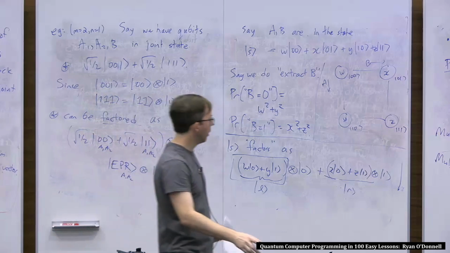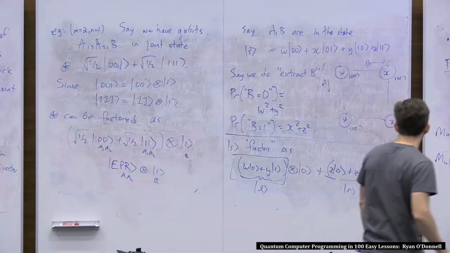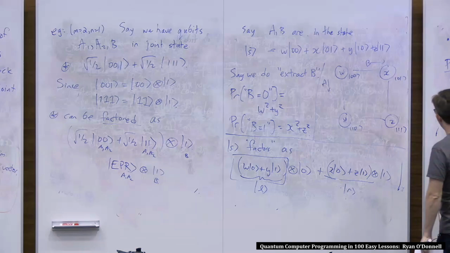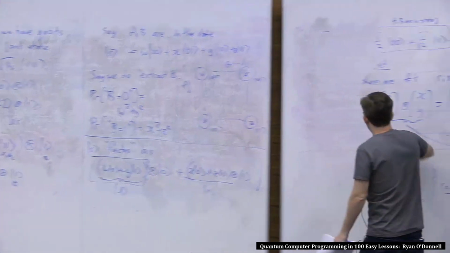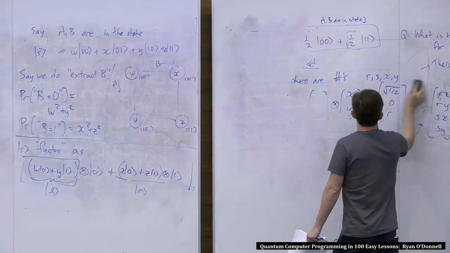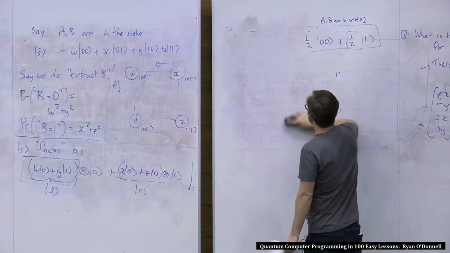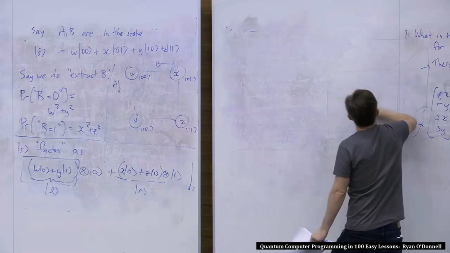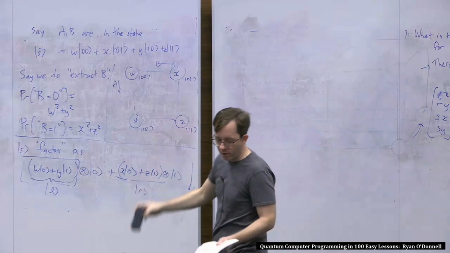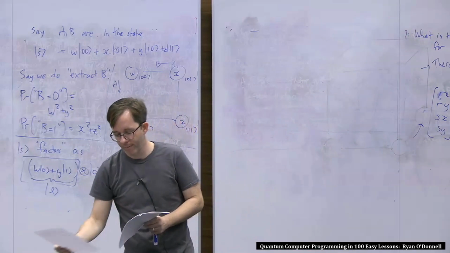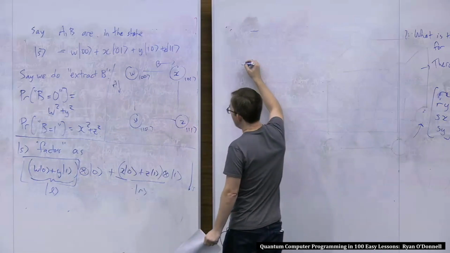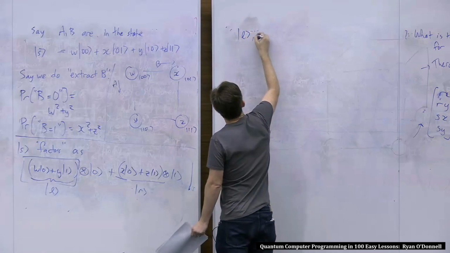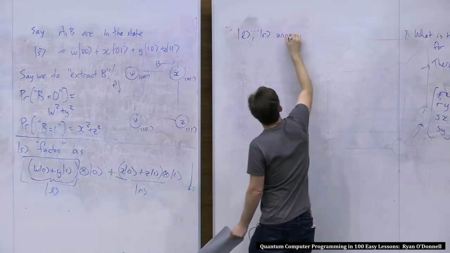And please note that these are unnormalized states, because the squared length of L is W squared plus Y squared, and the squared length of R is X squared plus Z squared. And actually, those two quantities should remind you of what's above. So just write this. These are unnormalized.